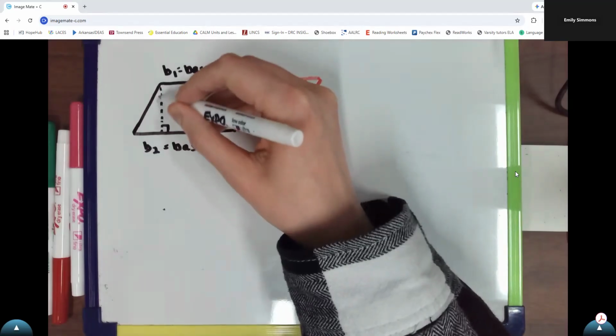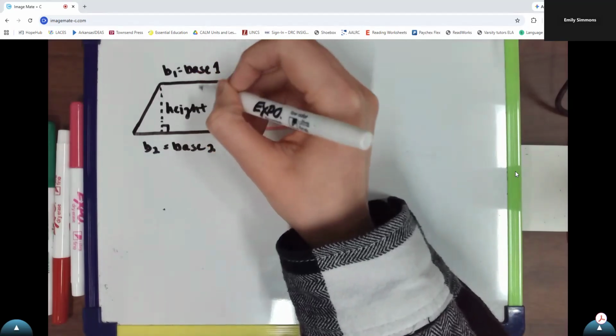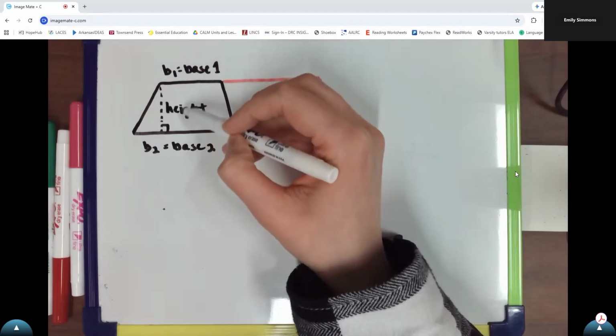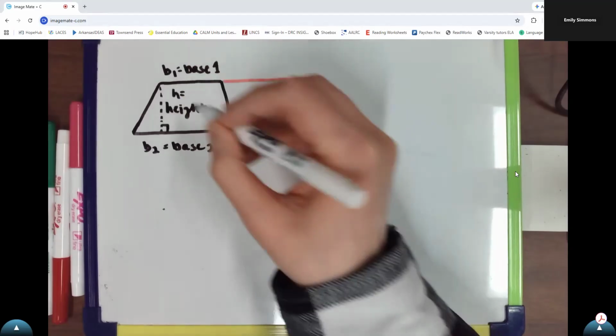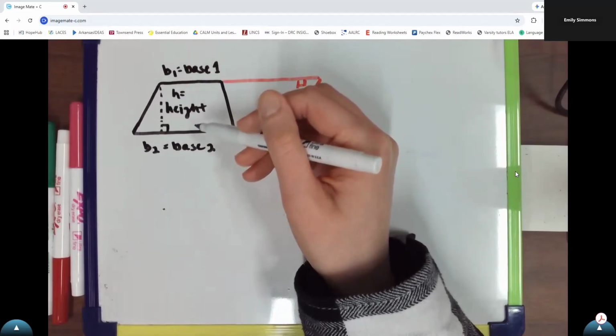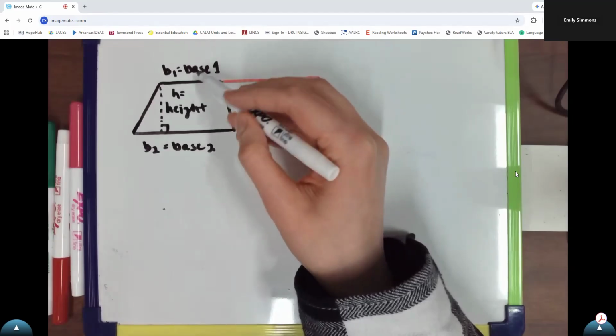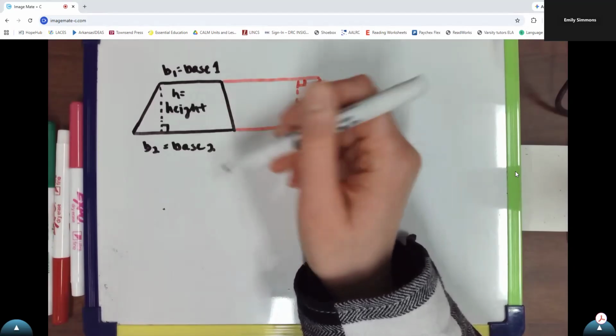This dotted line is the height of the trapezoid. And these three things, h equals height, are what we need to find the area of a trapezoid: the top base, the bottom base, and the height.